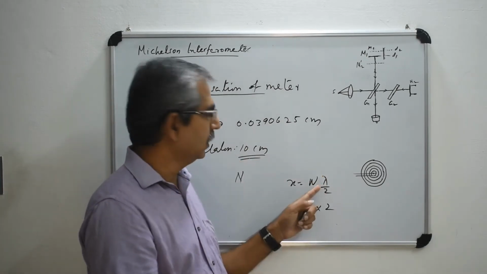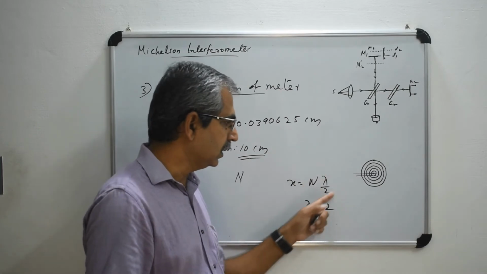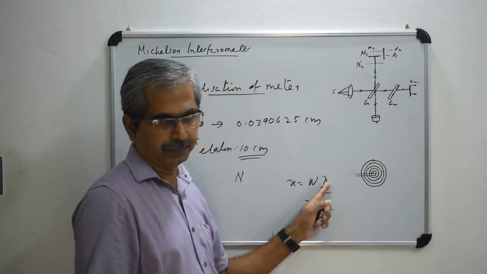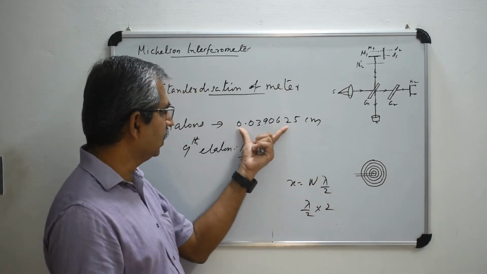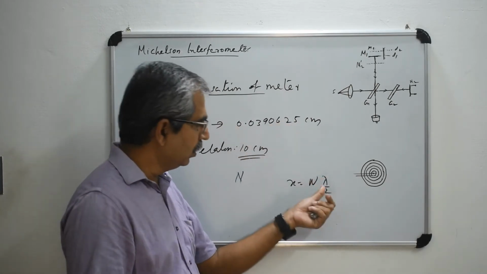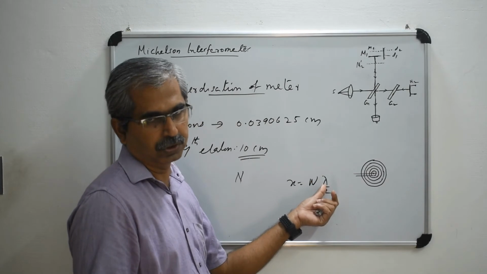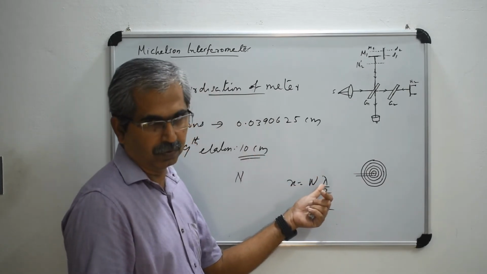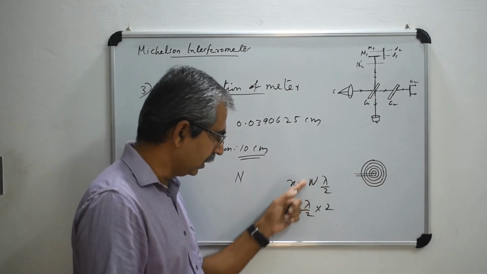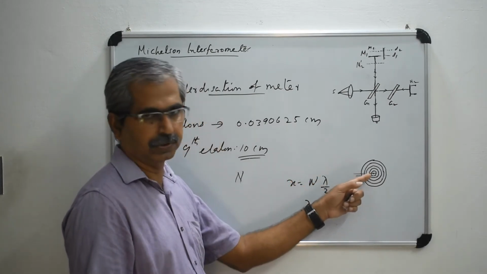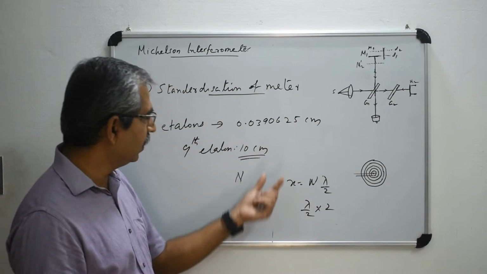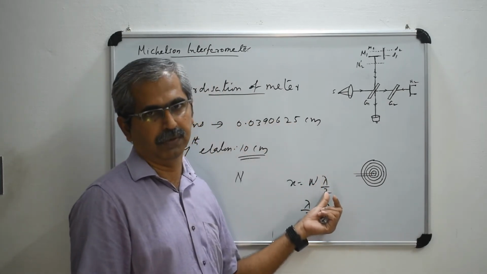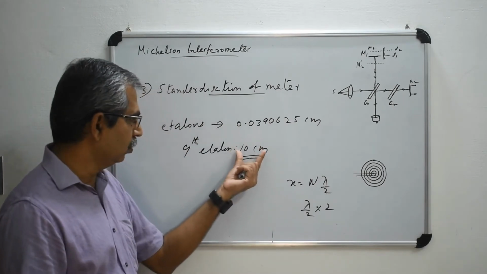By counting the total number of rings, we can see the distance moved in terms of lambda. So for the first echelon, 0.03900625, you can find the number of lambda involved. For the second one, again you can find the number of lambda involved because you know the number of rings formed.